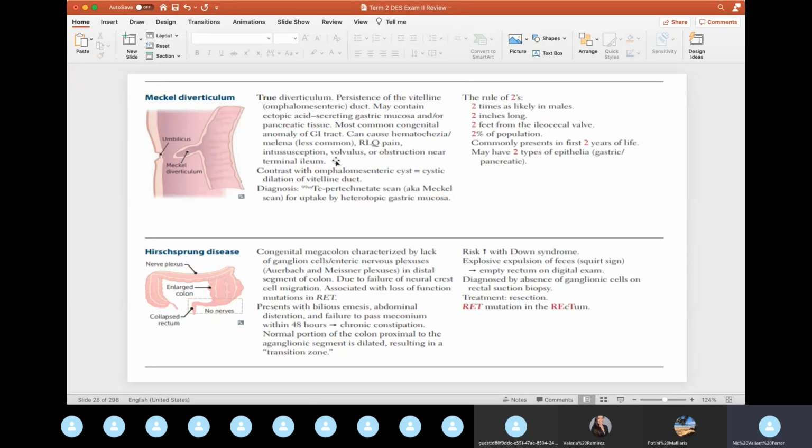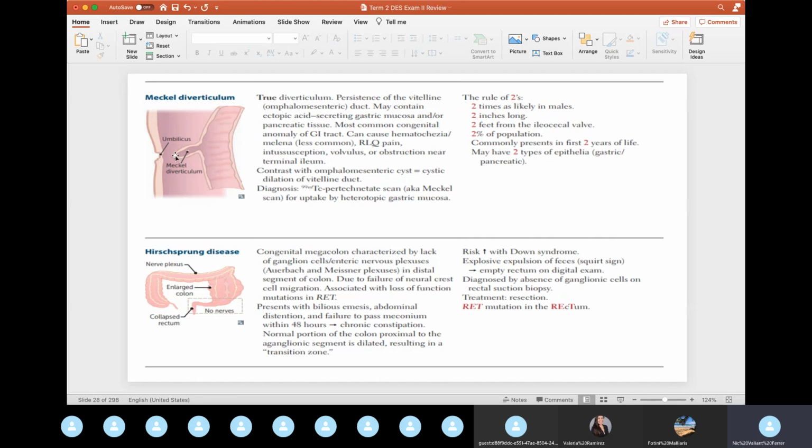We call that intussusception. Rotavirus is very common. It can develop into intussusception. We're going to learn more in term 4. Volvulus. How about volvulus? What is this? Twisting. Excellent. So you can have abnormal rotation of the gut or obstruction in your terminal ileum.